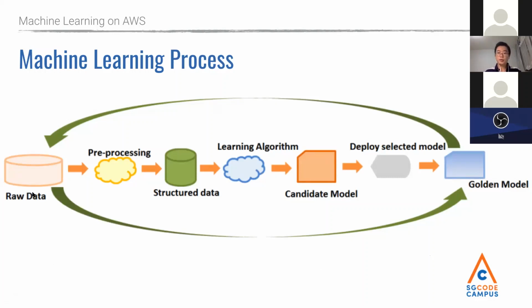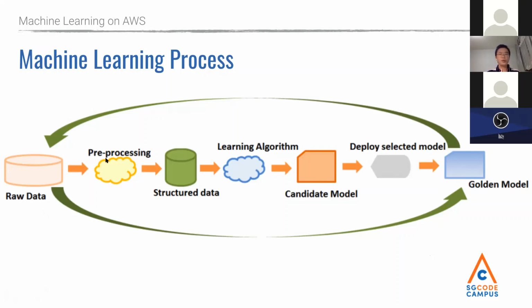Raw data we collect from either our database, from any open source website or any other sources. We collect by API calls or anything. These raw data usually come in various forms like videos, sound, images, text messages, and so on.